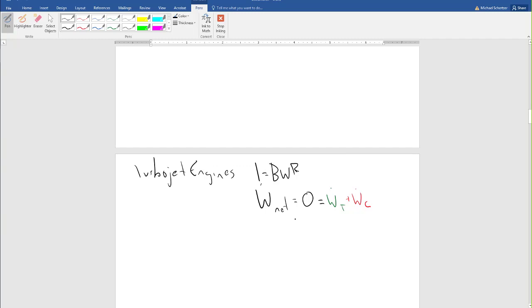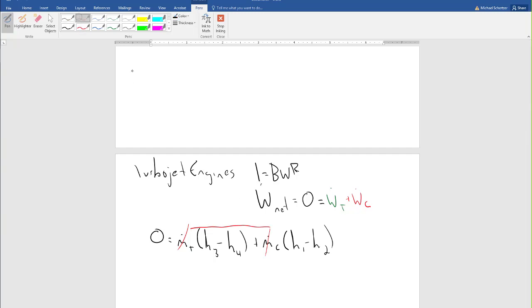If we make all those assumptions that we already talked about, this is going to be 0 is equal to m dot through the turbine, H at the inlet of the turbine, which is H3 minus H4, plus m dot at the compressor, H1 minus H2 is equal to 0. Both of these mass flow rates are the same, right? So I can divide both sides by m dot and cancel that out.